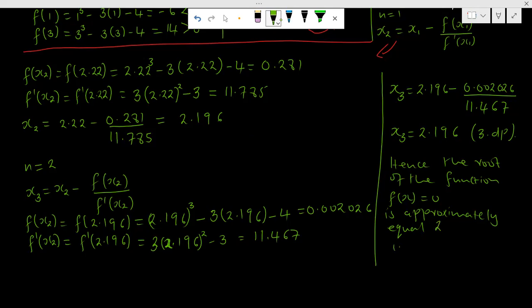That is, x is approximately equal to 2.196. This is 2.196, like that.